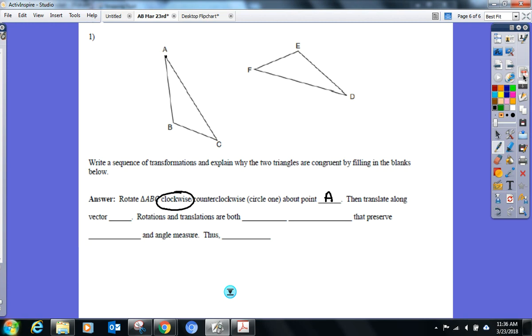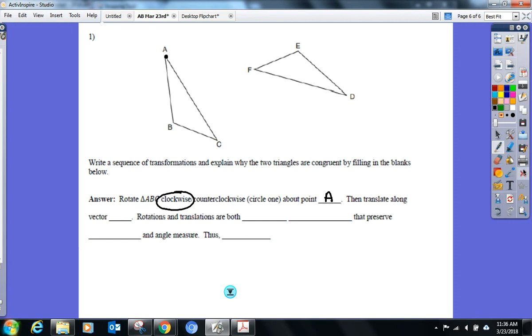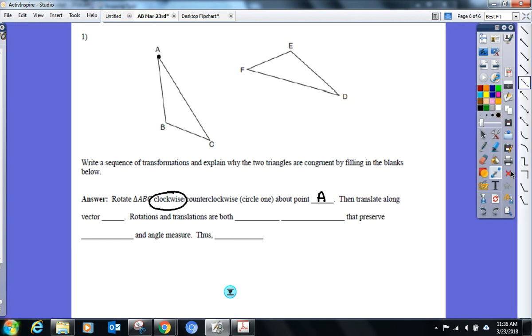So if you chose point A, what does A match up with in the other triangle? Point D. So if you rotate around point A, then you slide it along vector AD.